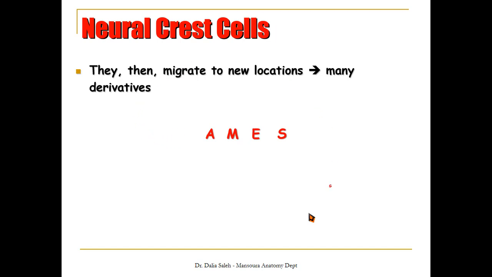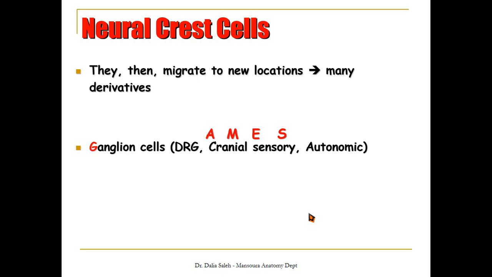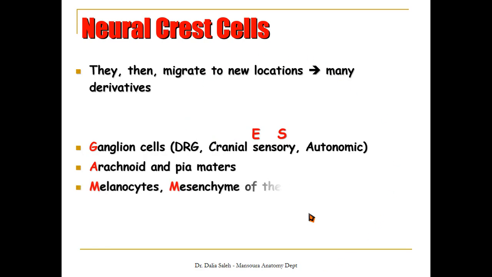The G reminds you of the ganglion cells, either dorsal root ganglia, cranial sensory ganglia, or autonomic ganglia. A reminds you of the arachnoid and pia mater, the inner two layers covering the brain and spinal cord. M reminds you of the melanocytes and the mesenchyme of the pharyngeal arches.